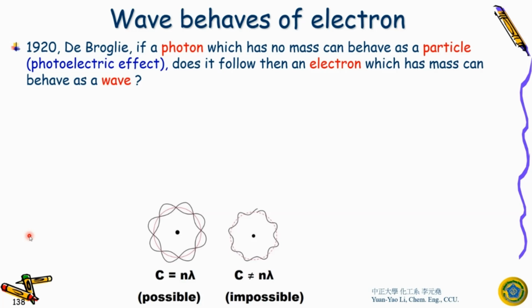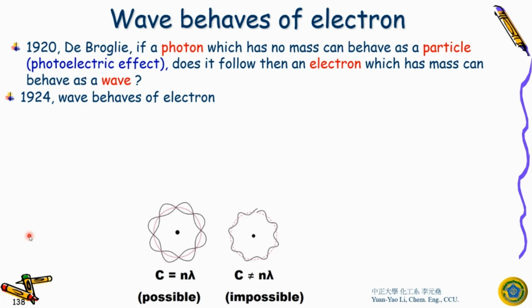The experiment proved this. So photon can be a wave and also can be a particle. Does it follow then that an electron, which has a mass, can behave like a wave? In the previous topic, we all talked about electrons as a particle. Can electron behave like a wave?